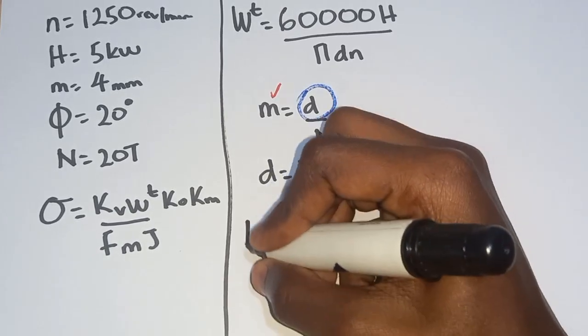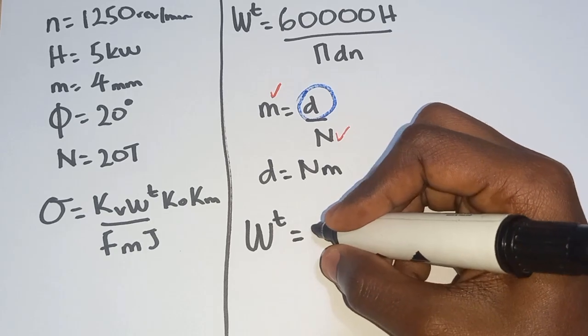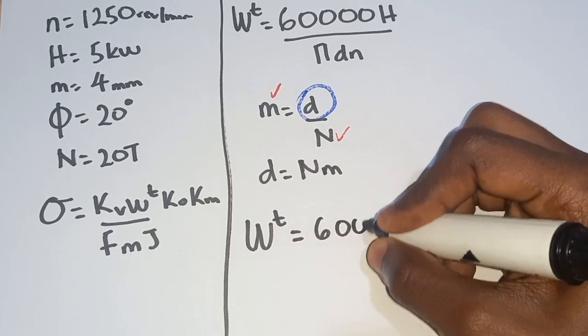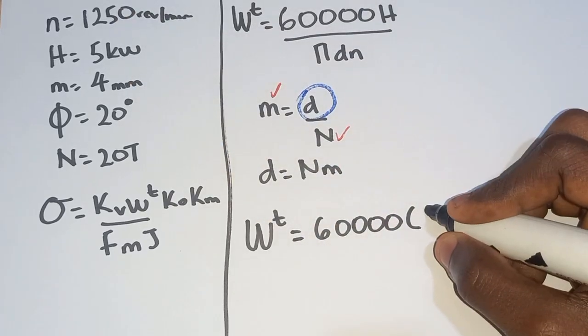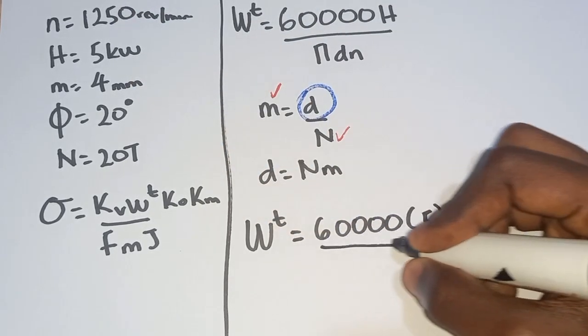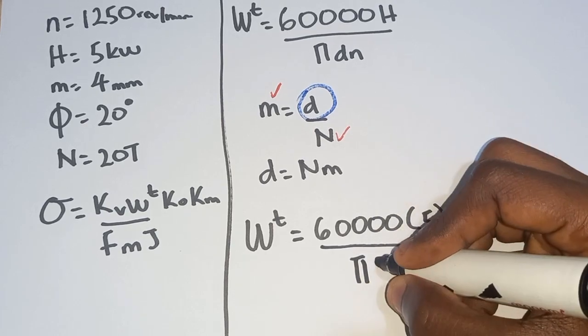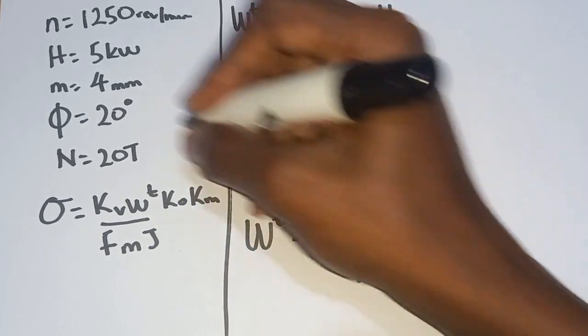So we come here, WT, that's the transmitted power or transmitted load, is 60,000 times the 5. Always make the power to be in kilowatts. So then 5 kilowatts, all divided by the pi. What's the d? What's the n? 20. What's the m? 4.